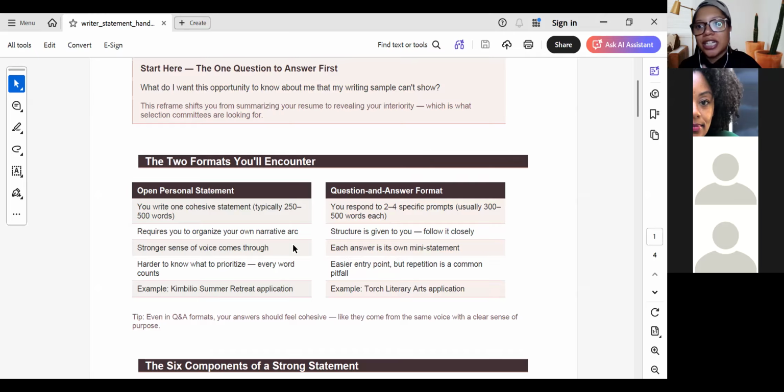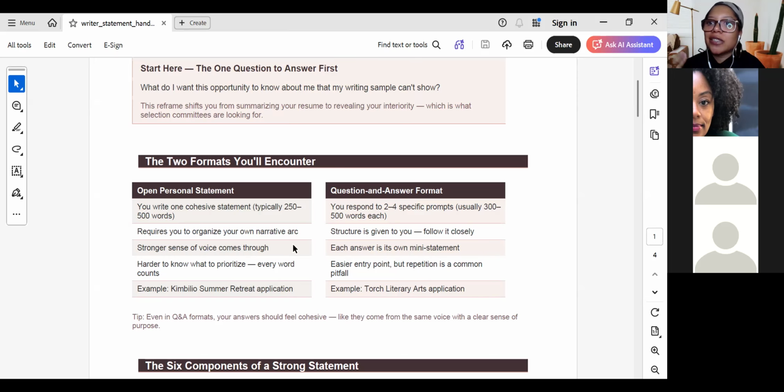Then there's the question and answer format, where sometimes they have specific questions they want you to answer. I just went through this for a grant application. It had four different questions that it wanted you to answer, and it might be somewhere around 300 to 500 words each. The structure is given to you, so you just follow that closely and answer exactly what they're asking.